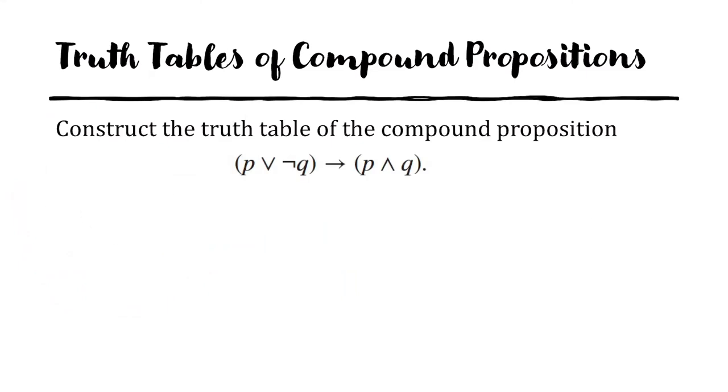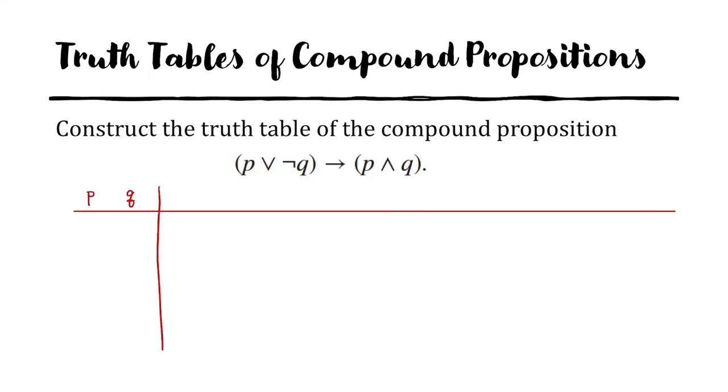So if we go back and look at this example here, we want to construct a truth table for this compound proposition. We see two propositional variables here, P and Q. So we need to have P and we need to have Q. Then we can have them both true, then true, false, then false, true, and then false, false.